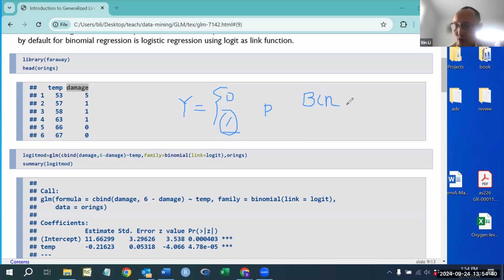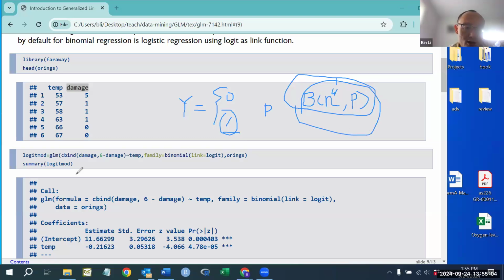One is the total number of trials, and the second is the probability of being 1 within each trial. That is a binomial distribution. For the Bernoulli trial, we only have n equals 1.